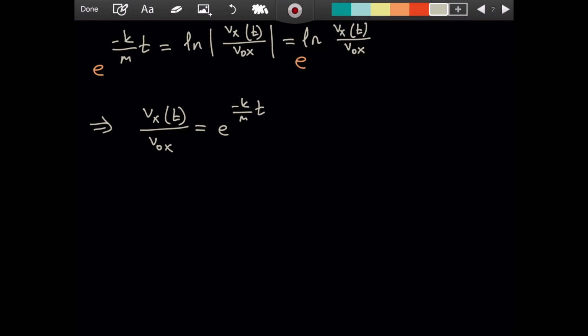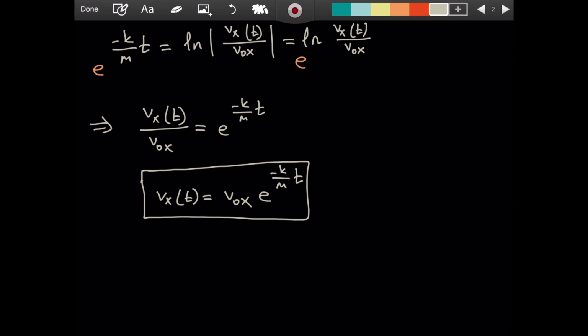If we multiply both sides by v naught x, we find the formula that vx of t is equal to v naught x times e raised to the power of negative km t. And this is the formula.